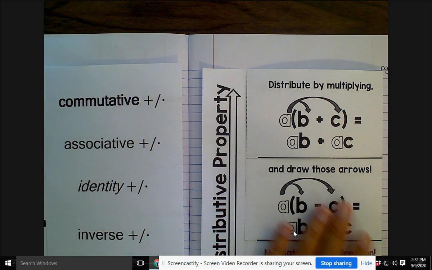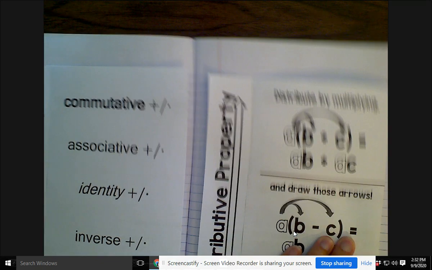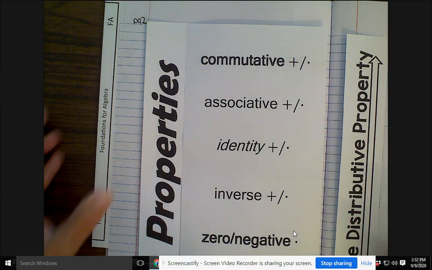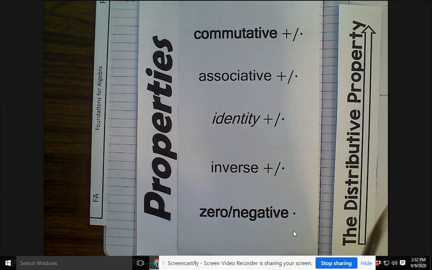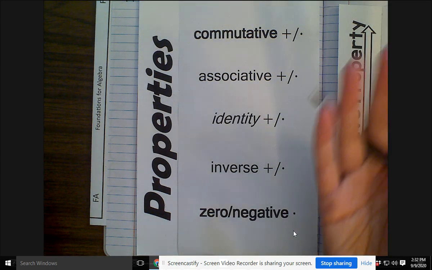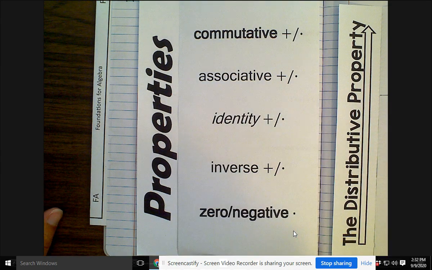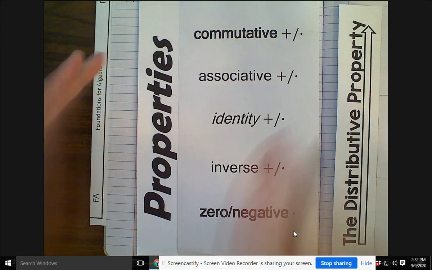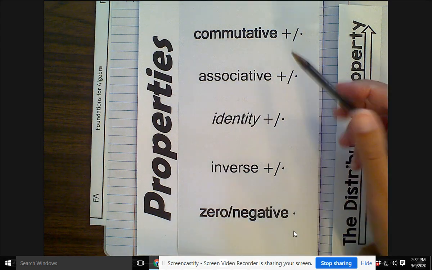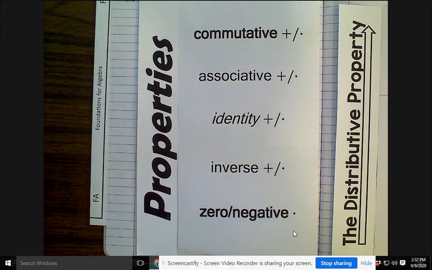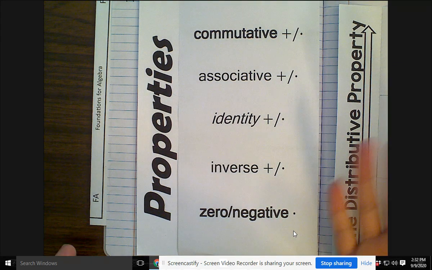Okay, so kind of like with the different types of numbers, you guys, there are also properties that numbers follow. We don't often think about it. We kind of just do it. And because we just do it, we often don't name it or talk about it in these vocab-y type terms. We just do it because we understand that we're allowed to do it.